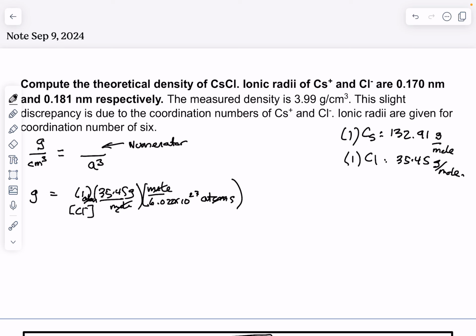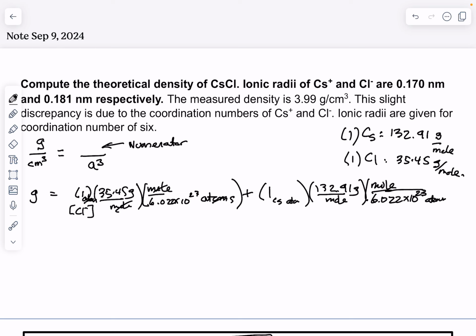And then we need to figure out how many grams of cesium there would be. So again, there's 1 cesium atom times 132.91 grams per mole of cesium. And I put Avogadro's number in this configuration because we need it to be canceling out the moles.